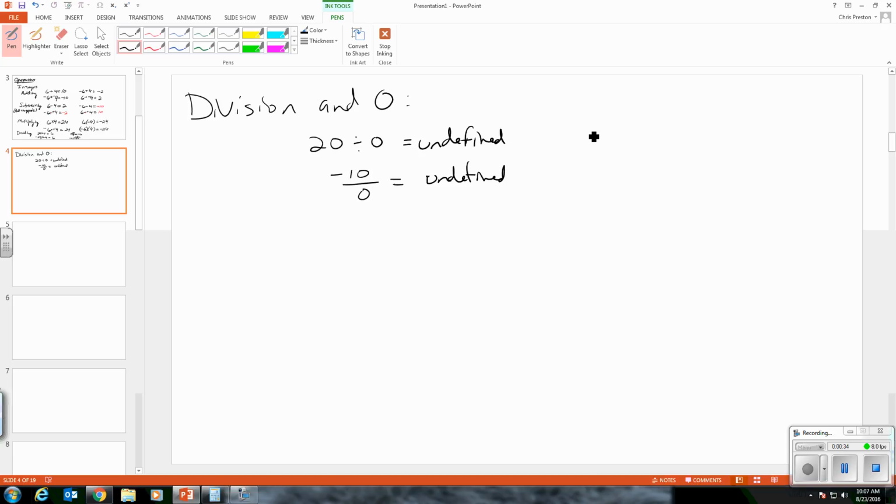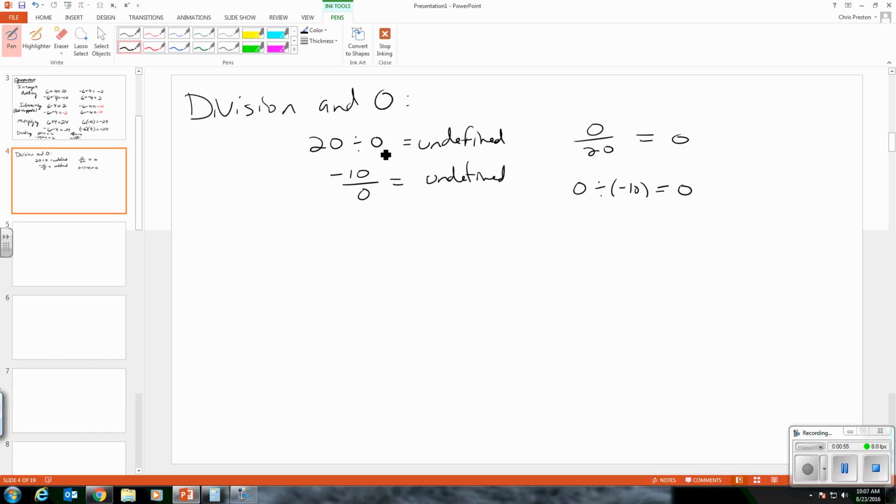If instead you had 0 divided by 20, or 0 divided by negative 10, then the answer would have been 0. So kind of how this works is the bottom number, the divisor, if it's written as a fraction, it's the bottom number.